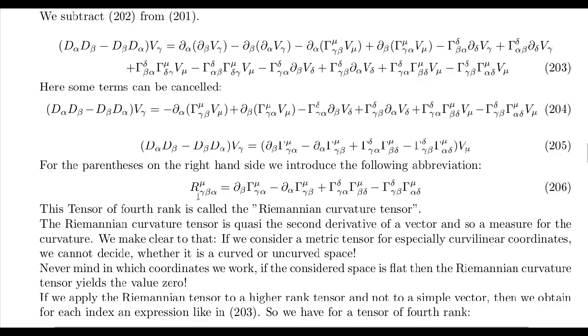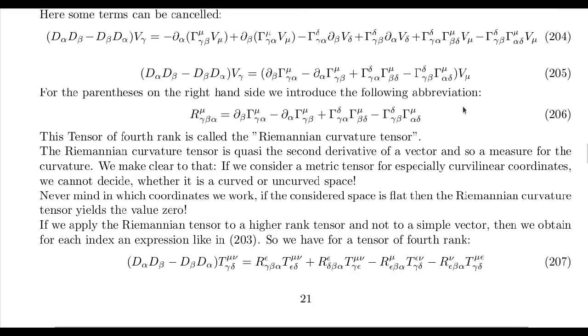This tensor R is called the Riemannian curvature tensor. It is a tensor of fourth rank, and we can say it is the second derivative of a vector field, and so a measure for the curvature.